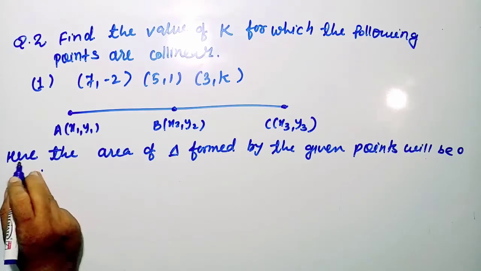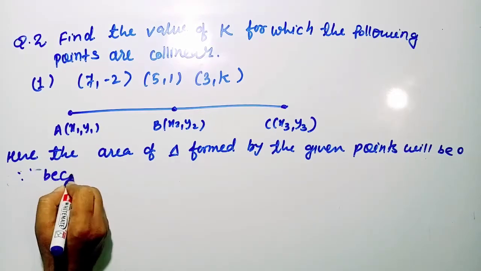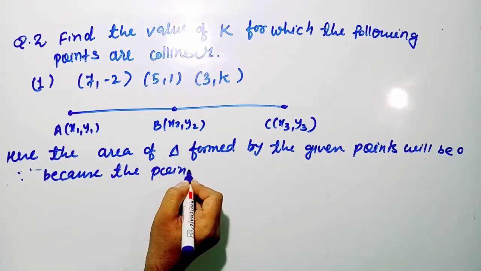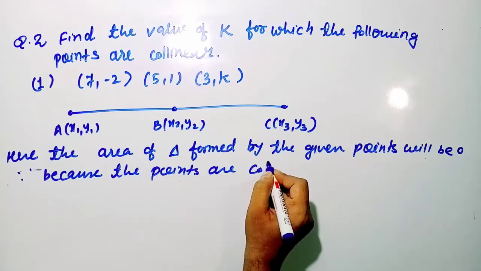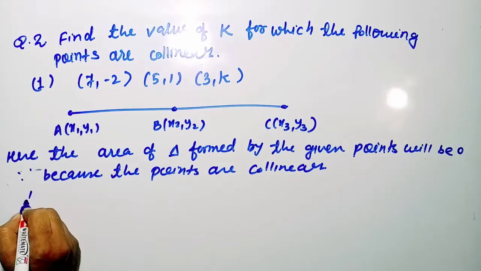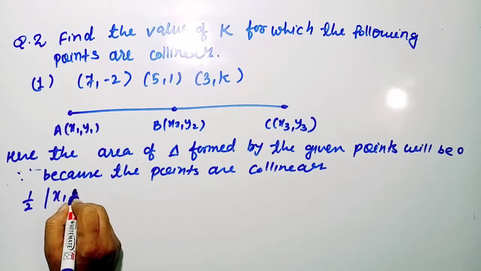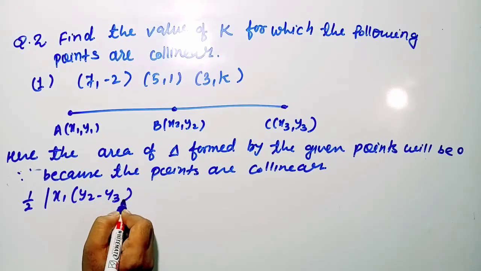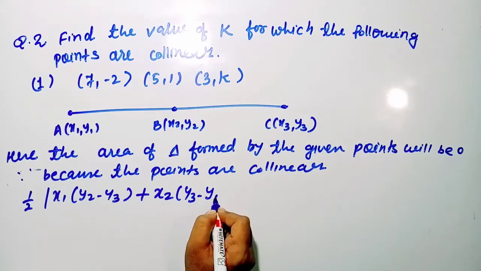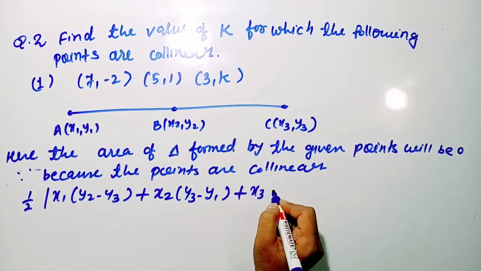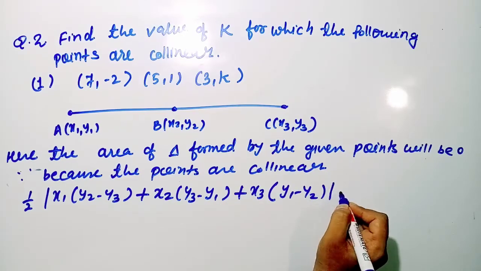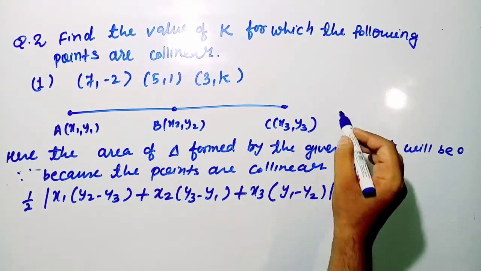Because these points are collinear. So 1 by 2 modulus x1 (y2 minus y3) plus x2 (y3 minus y1) plus x3 (y1 minus y2). This is the formula to find the area of a triangle, and it will be 0.